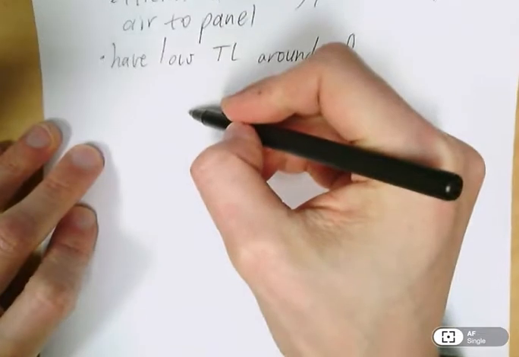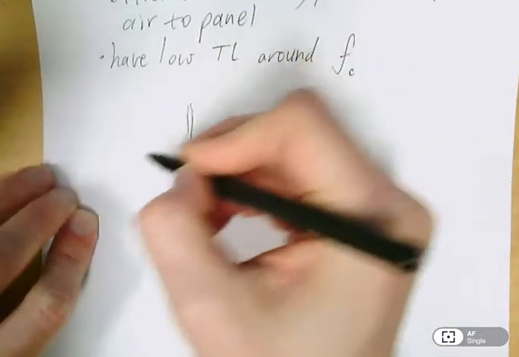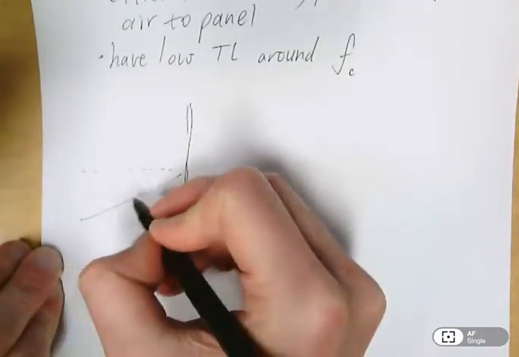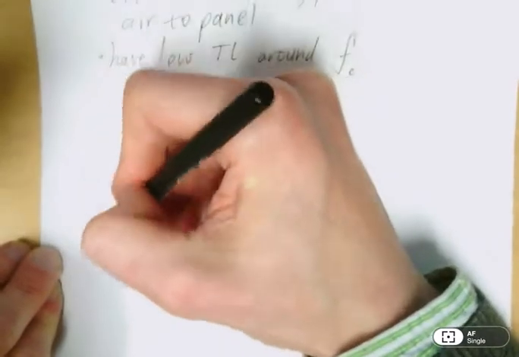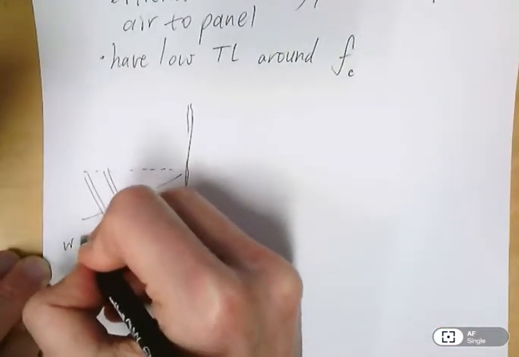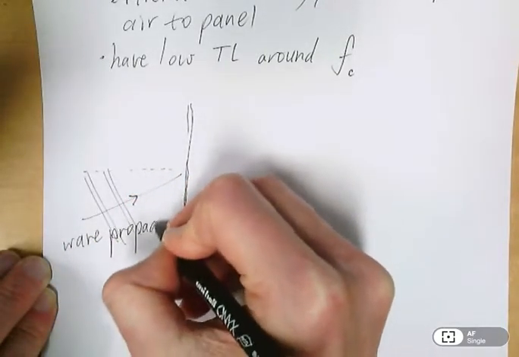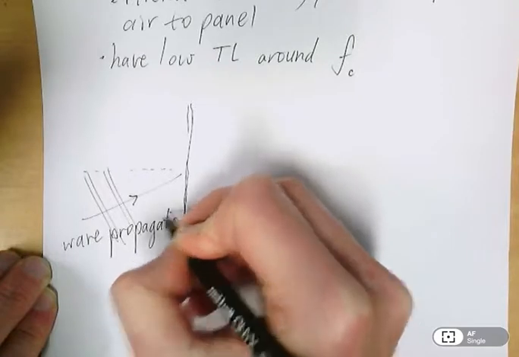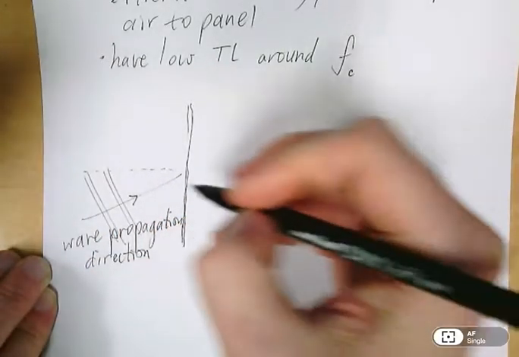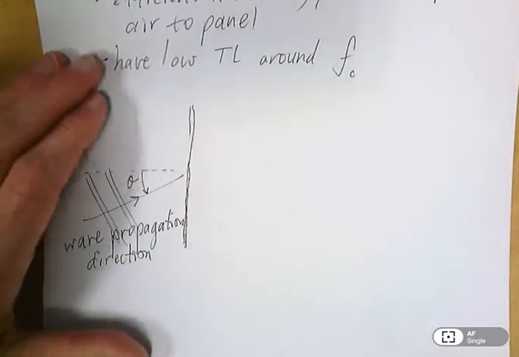So we may have our panel looking down now, and we may have a wave front that propagates and impinges on the panel with an angle of theta.